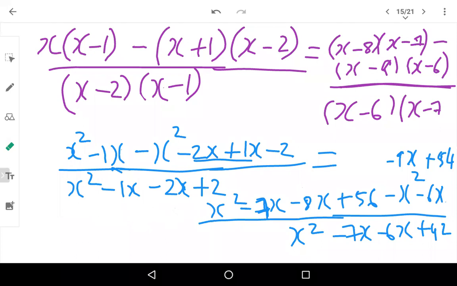Now coming on to the other side, x square will remain. Minus 7x minus 8x. How much do you get? Minus 7x minus 8x. 7, 7, 14, 15x, but minus 15x. Yes, minus 15x we will get.